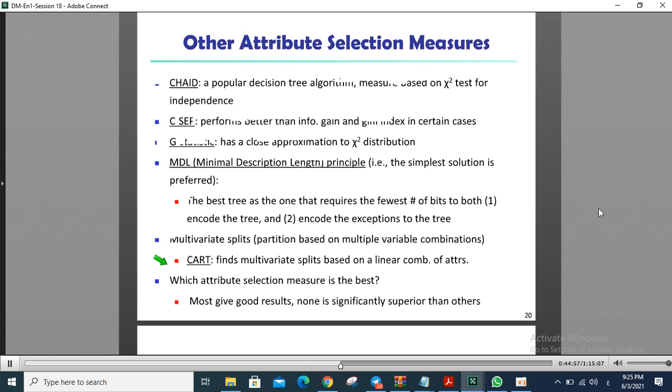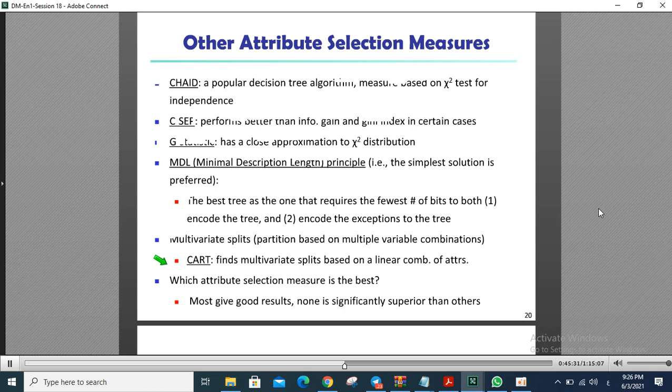It's hard to answer this question because it's completely dependent on the situation of my data sets. Generally speaking, I cannot say, for example, information gain is better than Gini index or better than gain ratio or Chi2 tests.